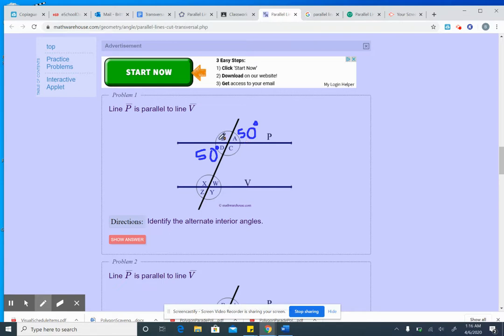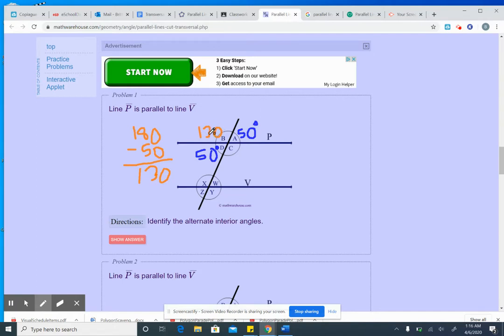So if I want to find angle B, I just do 180 minus 50 to get angle B, and that would give me 130. So angle B is 130 degrees.